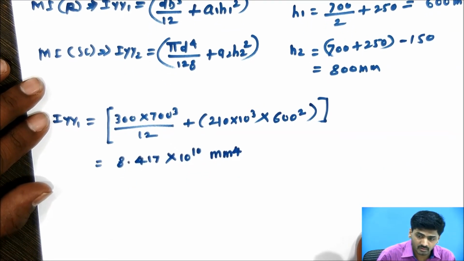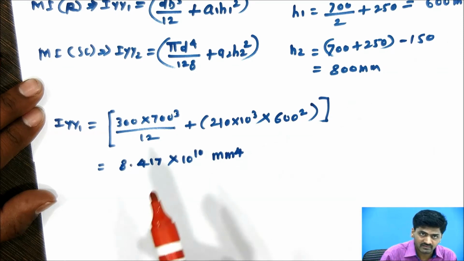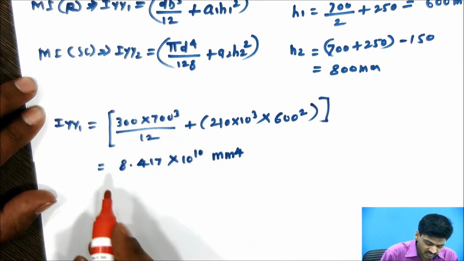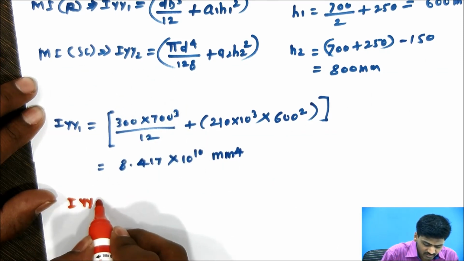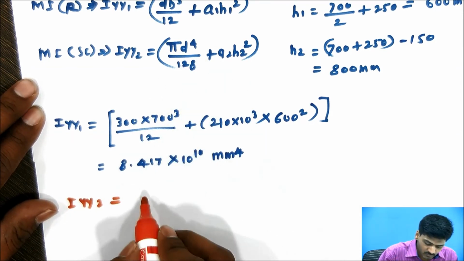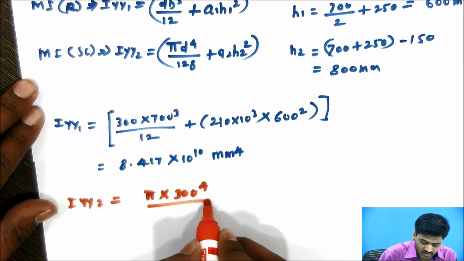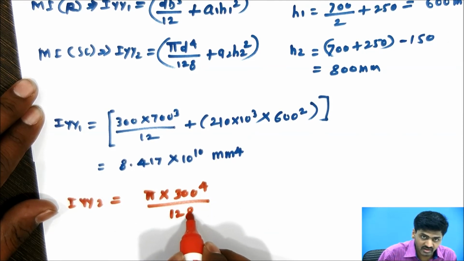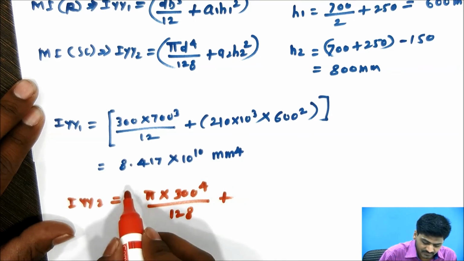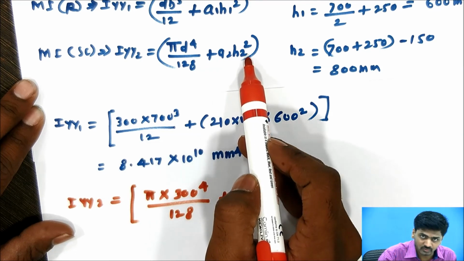Simultaneously, we are now calculating the moment of inertia for semicircle, that is IYY2 is equal to pi d raised to 4. Now pi, diameter is 300 raised to 4 divided by 128 plus area of second figure, that is A2 H2 square.